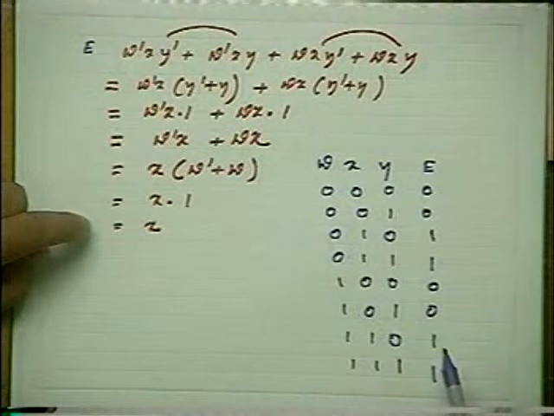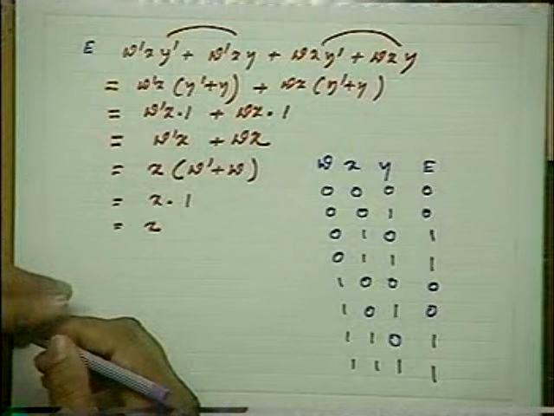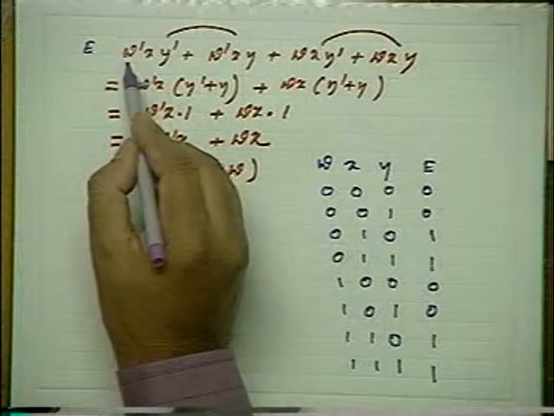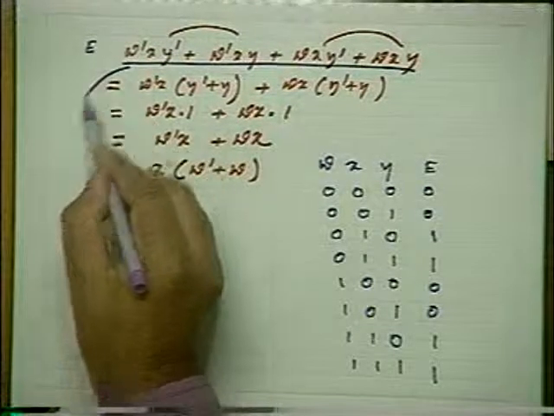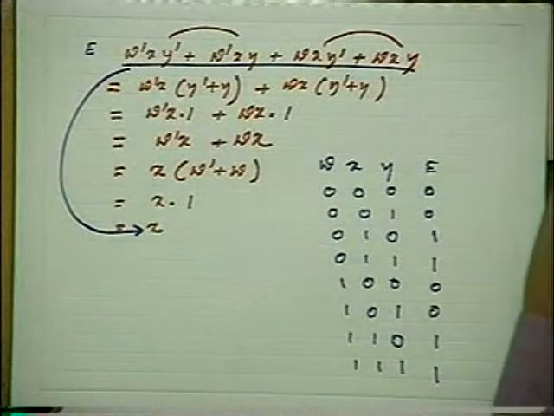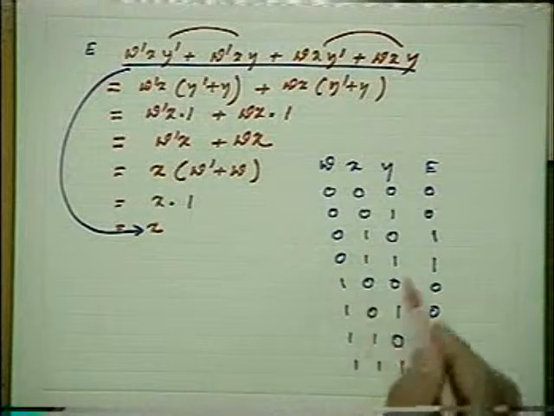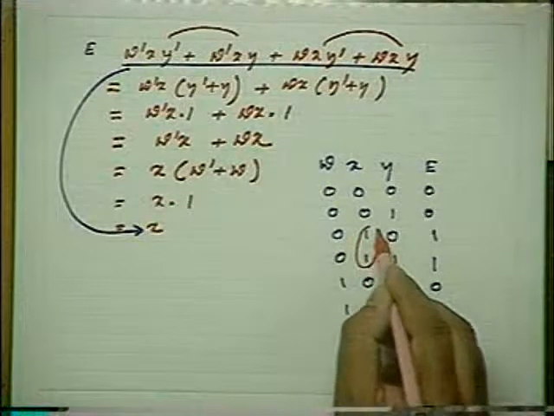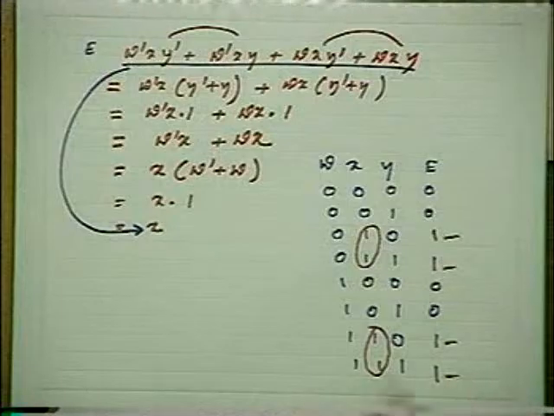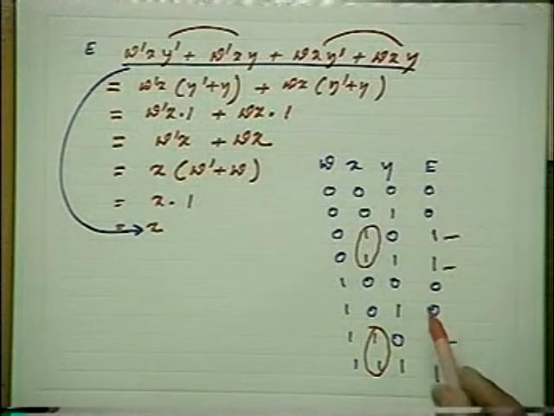And you can see that I have converted this by applying the rules of Boolean algebra into this x. This essentially means that whenever x is equal to 1, the function represented by this expression is equal to 1.